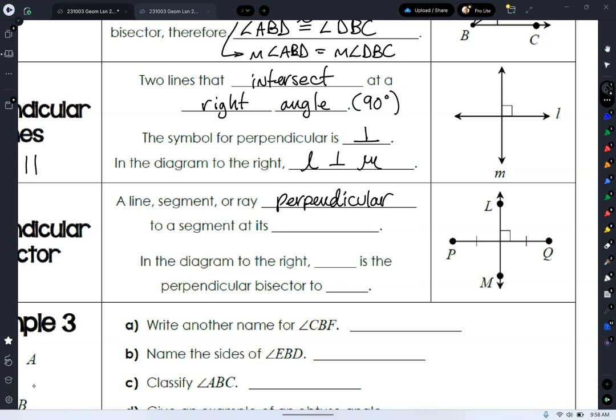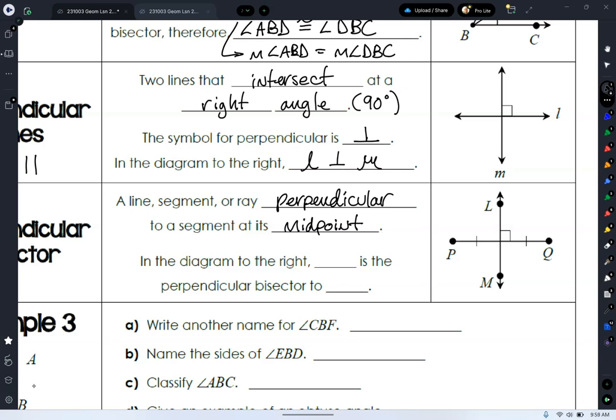Well, it would have to be to a segment, actually, because it's a bisector. If you have a perpendicular bisector, you have a 90-degree angle, which is important to work with, and you now know the midpoint of a line segment. Again, super, super important concepts.